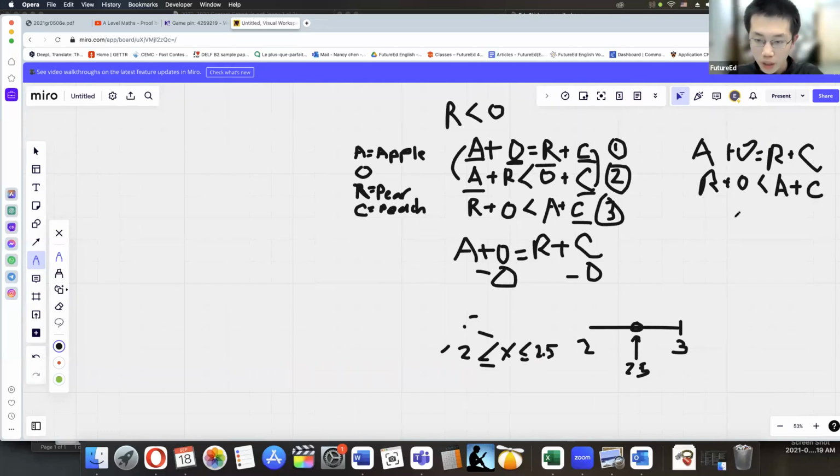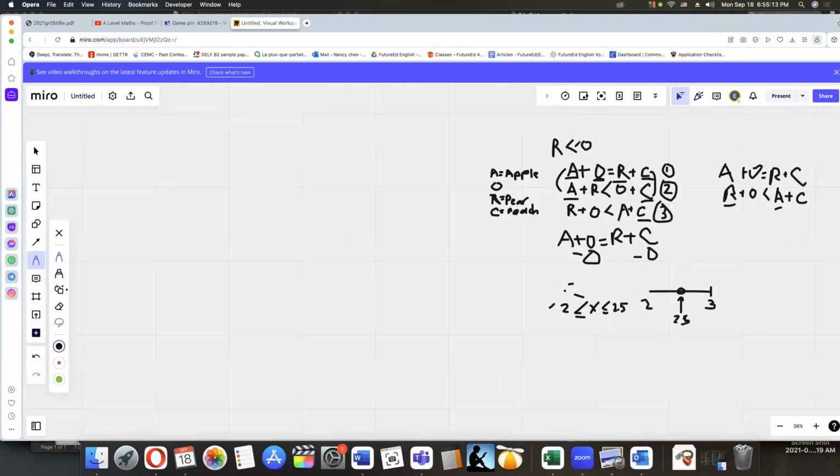Well, if you looked at this one, before it was balanced, right? But then you swapped them around, and now the apple is heavier. So what do we know about A and R? Who's heavier? A. A is heavier, exactly. So we also know that an apple is heavier than the pear.